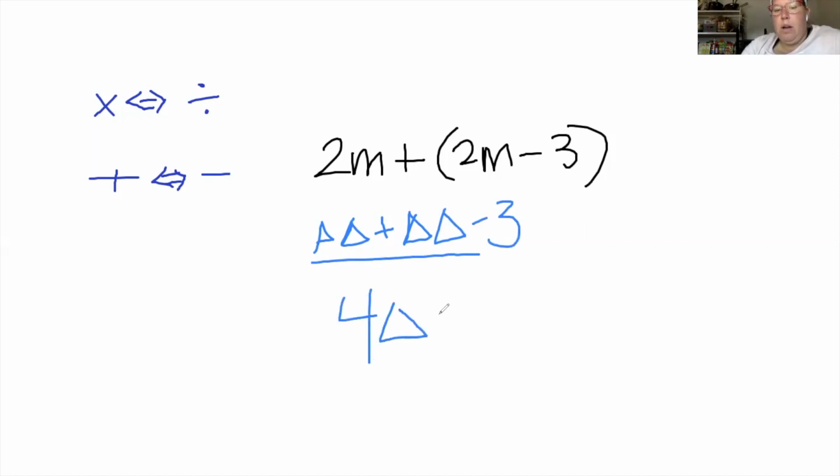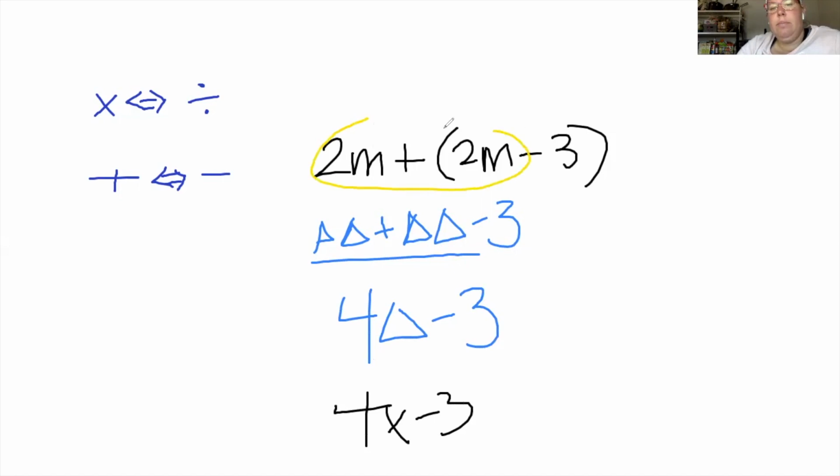I have 4 pawns minus 3, which is the same as 4x minus 3. Notice up here, 2 plus 2 is equal to 4. The minus 3, there's nothing else to do with that minus 3, so it's just minus 3.